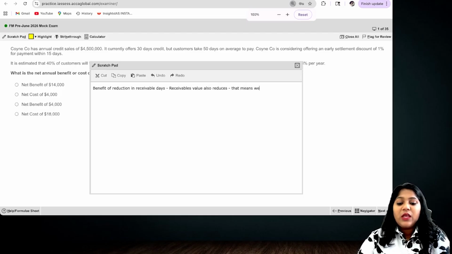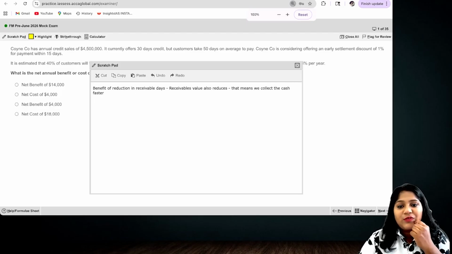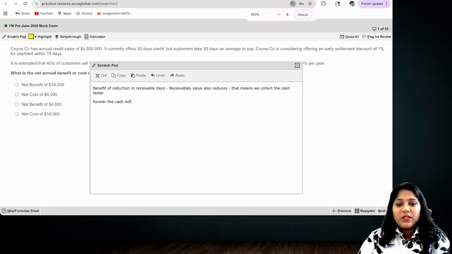That means we collect the cash faster. The sooner the cash comes, it will save overdraft interest, bank OD interest, for those many days.